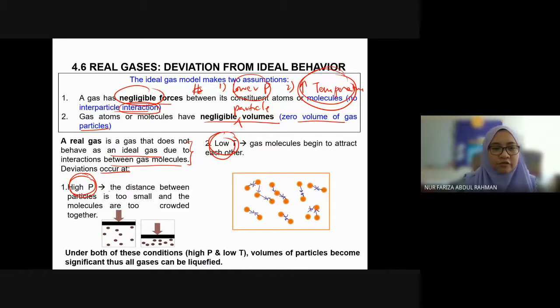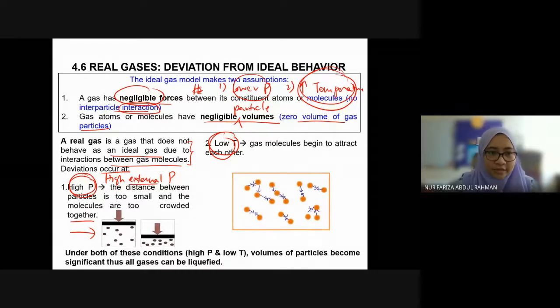So why at high pressure does it deviate? Because the distance between particles is too small and the molecules are too crowded together. Look at this diagram here. Imagine this is a piston. High pressure means high external pressure. Remember, we have two types of pressure, external and internal. The condition we mention here is the external pressure.